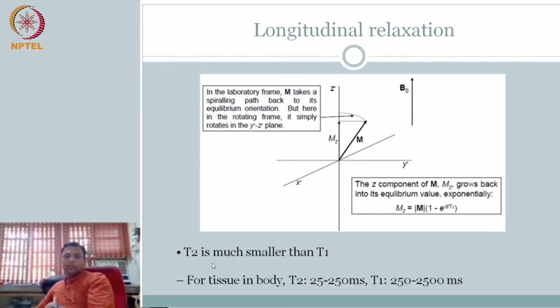So for all practical purposes, T2 is much smaller than T1. For tissues, typically these are the ranges. Tissue as in body tissues, right? T2 is on the order of tens of milliseconds to even some hundred, but T1 is hundreds of milliseconds. T2 star is much lower than T2. Okay, let's stop here.